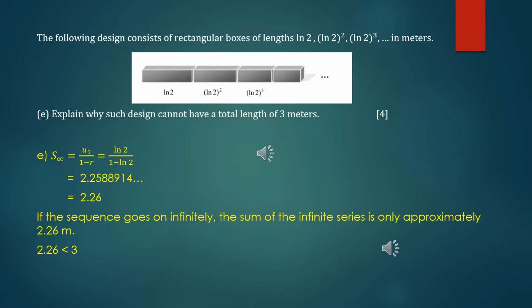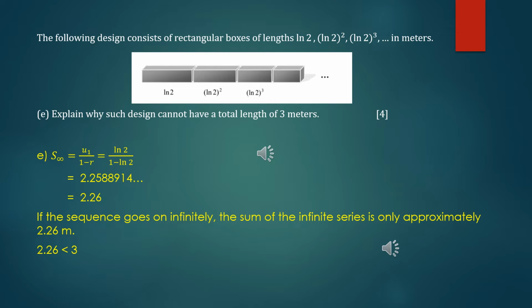The following design consists of rectangular boxes of length ln2, square of ln2, cube of ln2, and so on, and the length is expressed in meters. The diagram is shown here to illustrate the problem. Our task here is to explain why such a design cannot have a total length of 3 meters. To find the total length is to find the geometric sum.